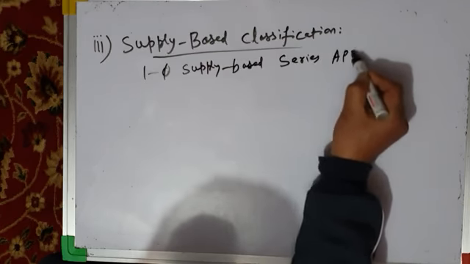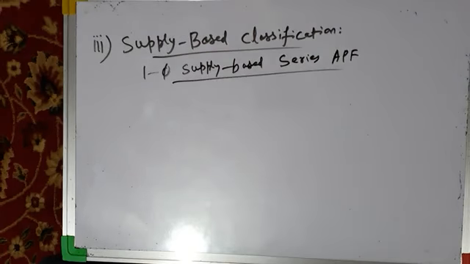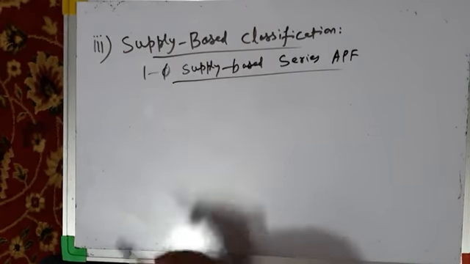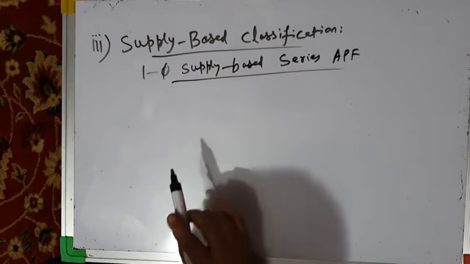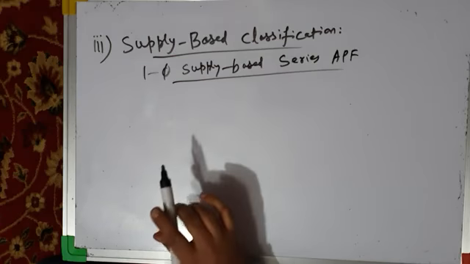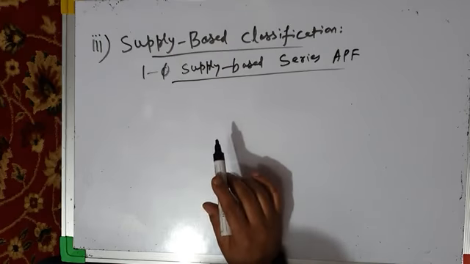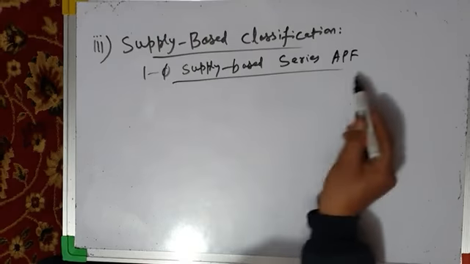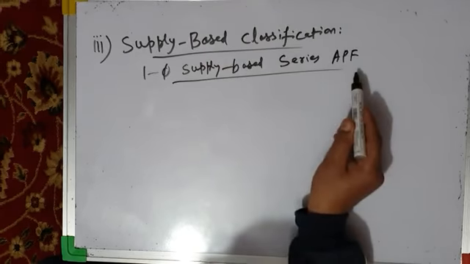I am not going to draw single phase series active power filters, as I have already drawn them a few moments back. The single phase half bridge voltage source converter based and the single phase full bridge voltage source converter based series active power filters come under this category.